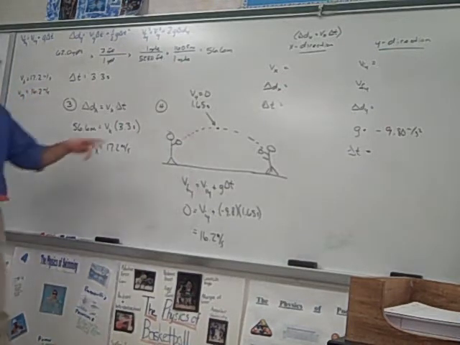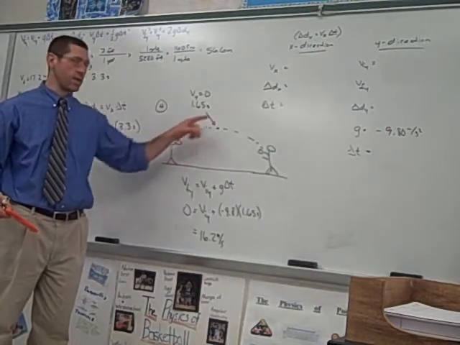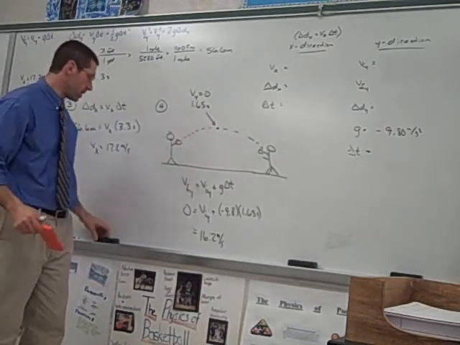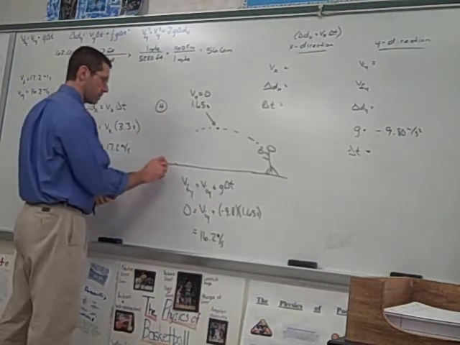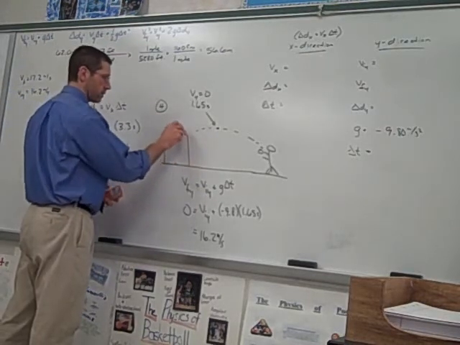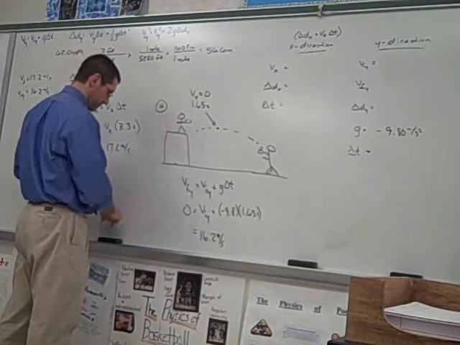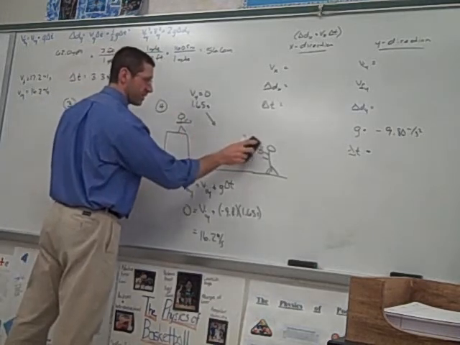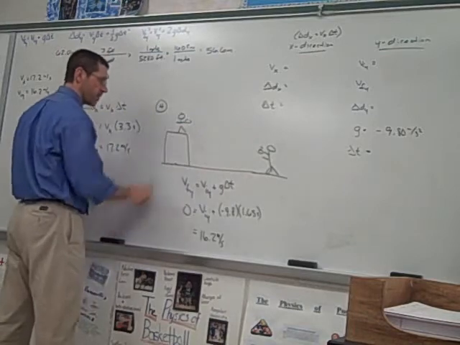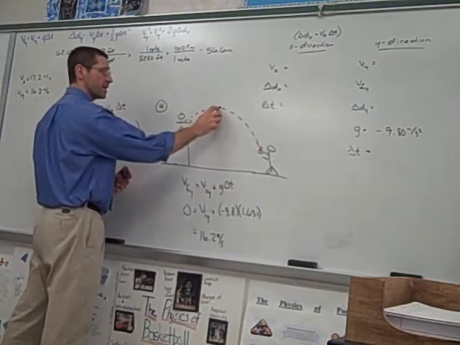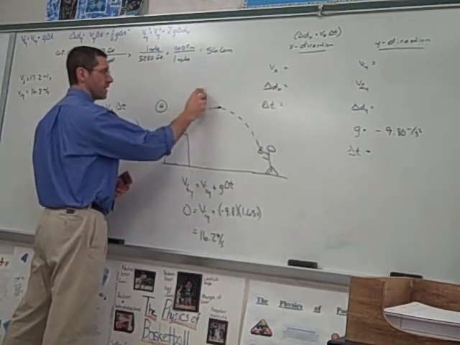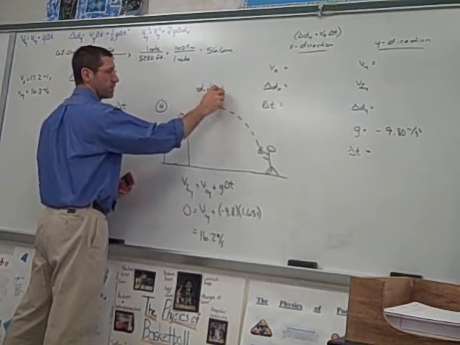Now, this works because he's throwing it and catching it at the same height. Let's say that Tom Brady was up here when he threw it, for whatever reason. There's a box on the field, right? Now, when the ball does its parabola and gets to the receiver, the max height is not equal to half the time anymore.